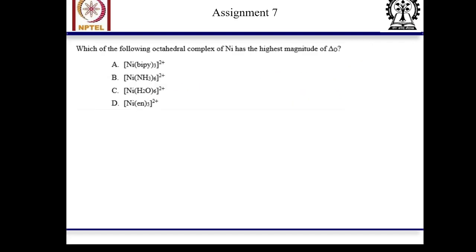Now, which of the following octahedral complexes of nickel has the highest magnitude of delta O? Again, I think this is based on the spectrochemical series. Now we have to find out the different kinds of donor. Then again we have to go to the spectrochemical series. Here all the N donors are there.